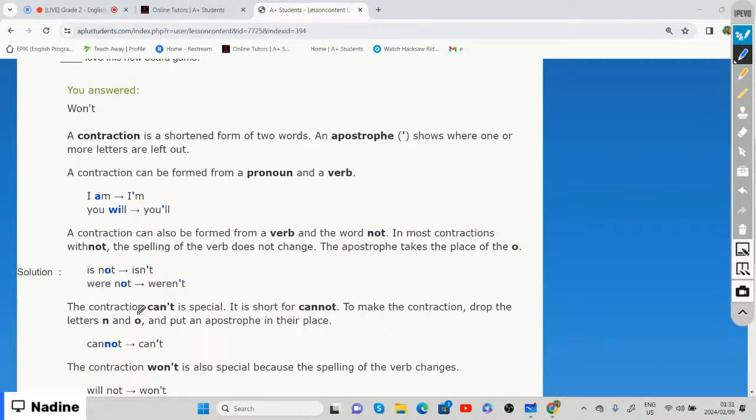And if we write down the words before the example, the changes, let's put it like that, then we can say is not, is not. That, of course, is isn't.